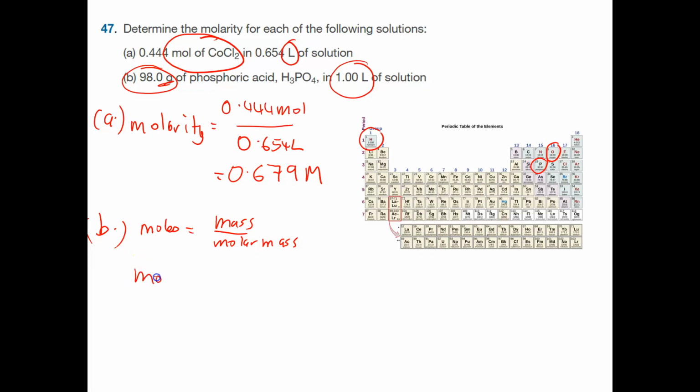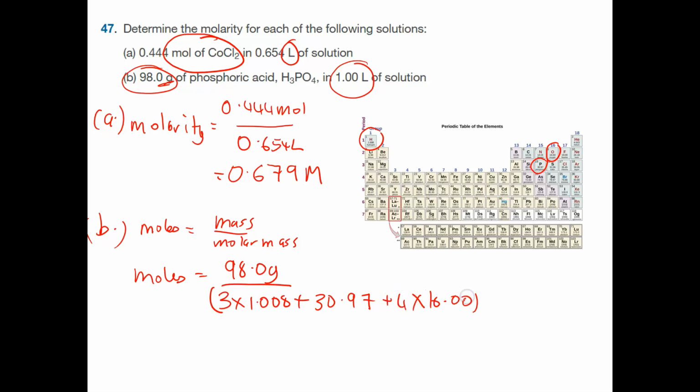Our moles is going to be our mass, which was 98.0 grams, divided by 3 times 1.008 for the hydrogens, and then we got 30.97 for the phosphorus, and then 4 times 16 for the oxygens.